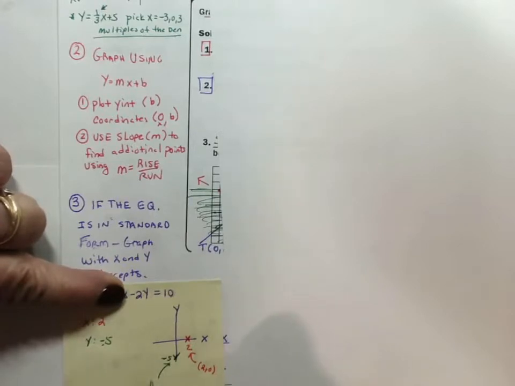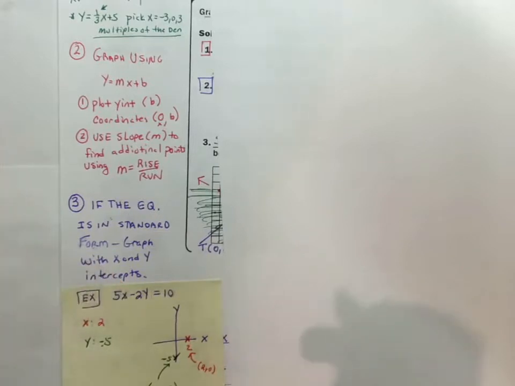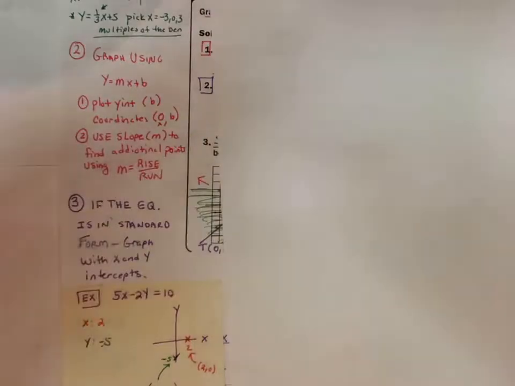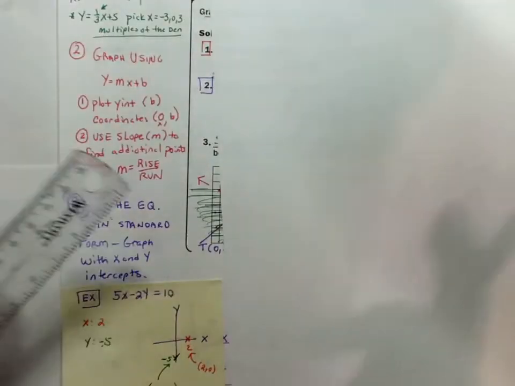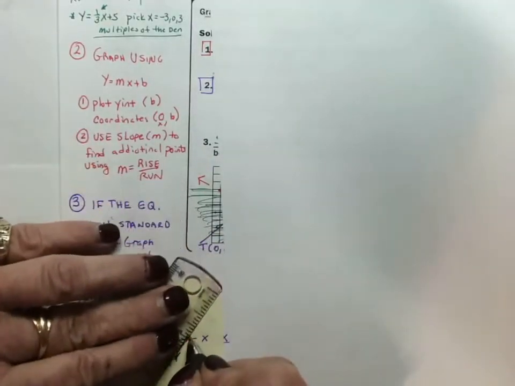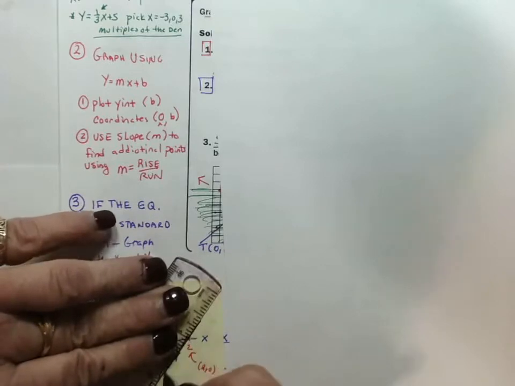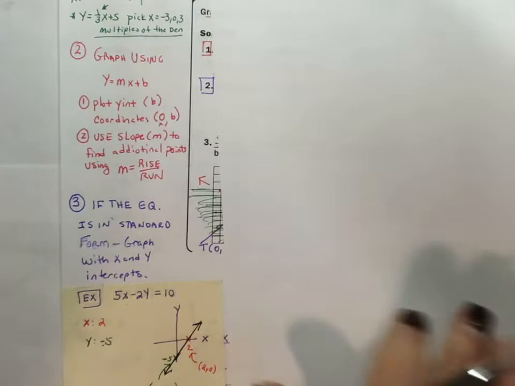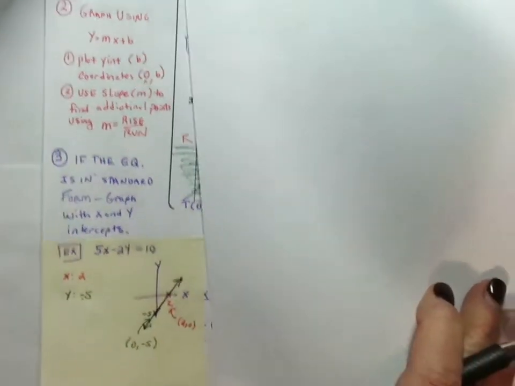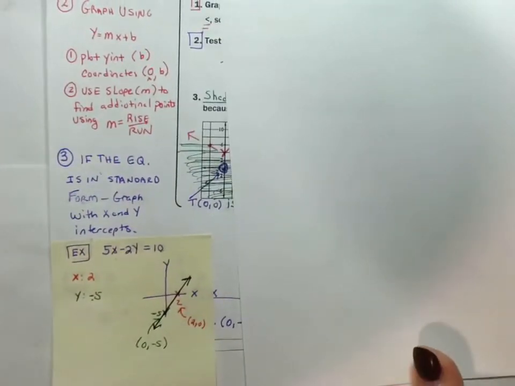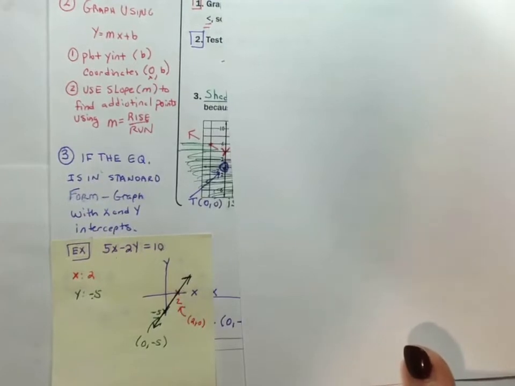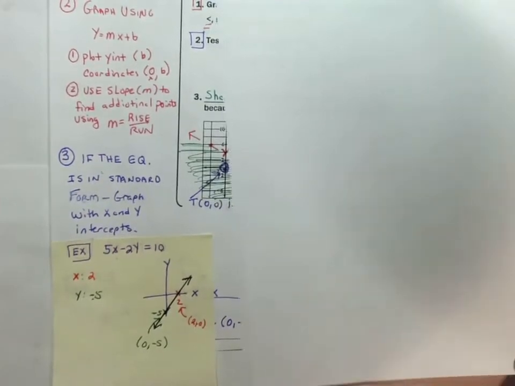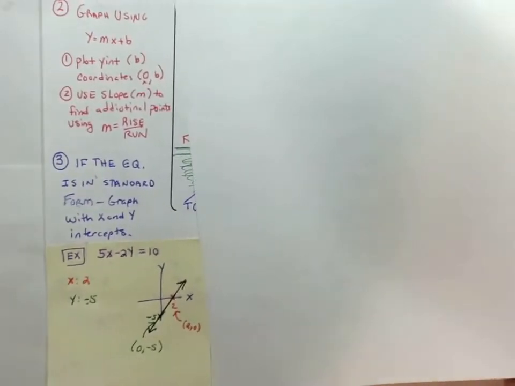It has the ordered pair 0, -5. Now I have 2 points. And so now I can draw my line. So that is a review of the 3 methods to graph. And you can use any method that you wish to graph.